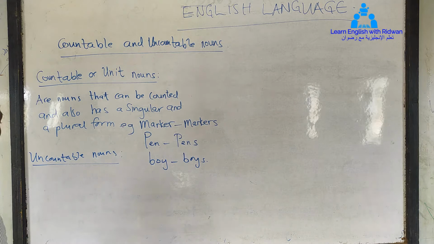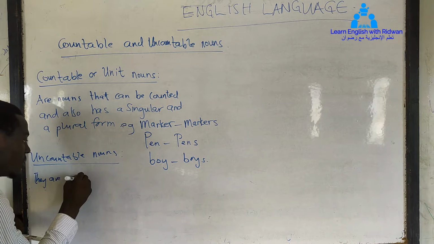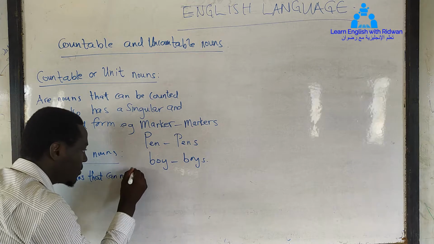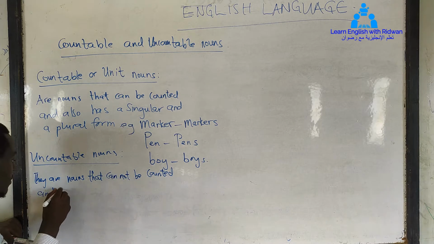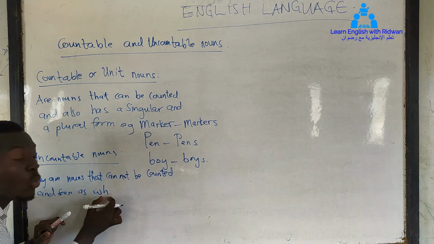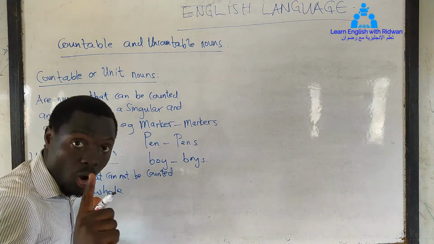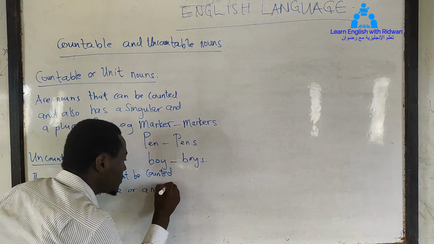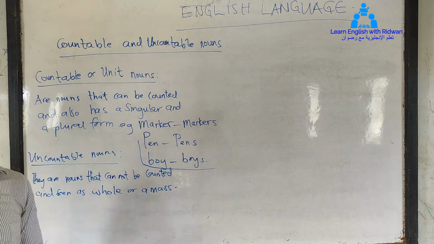They are nouns that cannot be counted, and seen as a whole. أي ينظر كالماذا؟ ككل. ينظر إلى هذه الأسماء ككل. That is, they are seen as a whole or a mass. أو ككتلة or a mass. إذن مثلا يكون ماذا؟ They are seen as a whole or a mass.